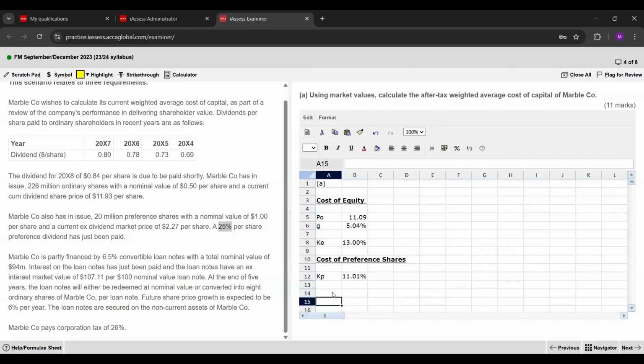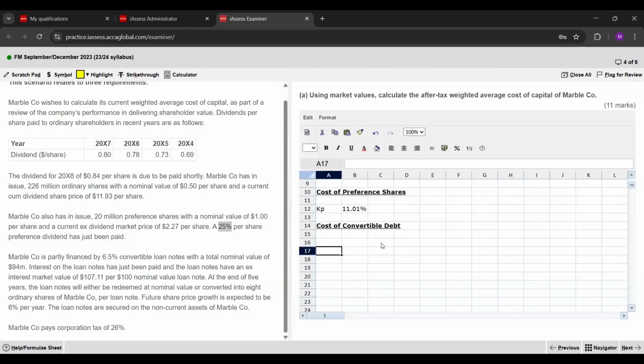Finally, the cost of redeemable debt, the cost of the convertible. It is a 5-year loan note.